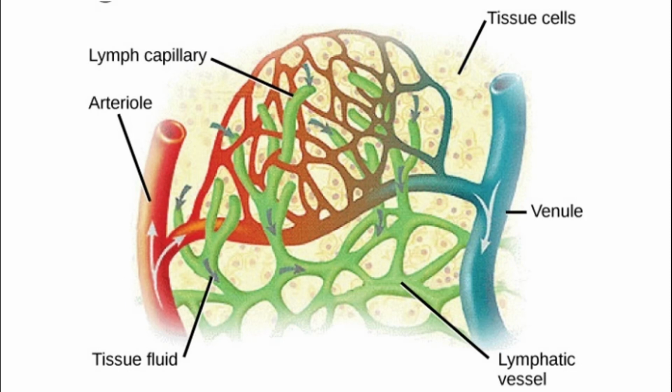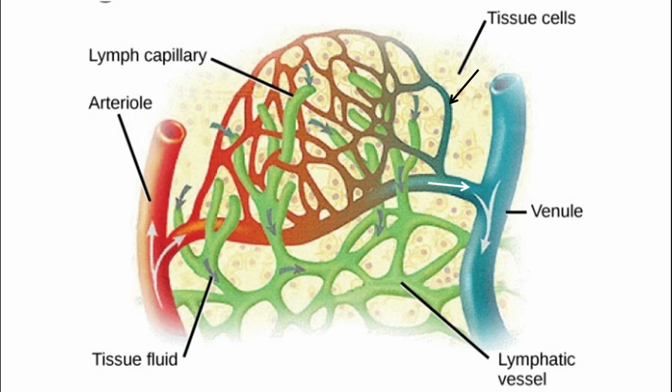The part of the capillary bed to your left is red colored, and it is the arterial side of the capillaries, but on your right it is the venous side of the capillaries.